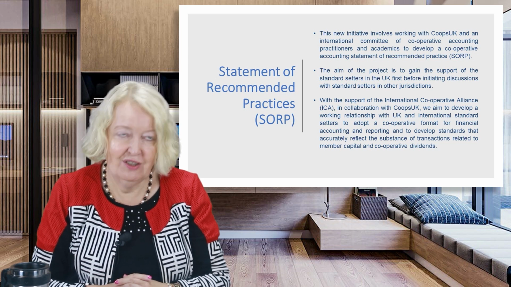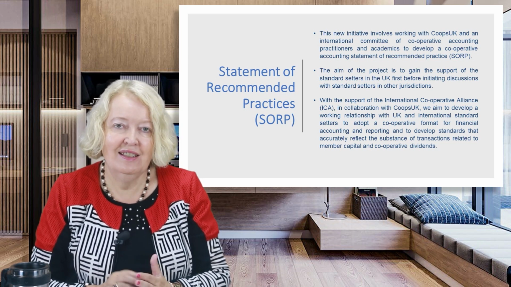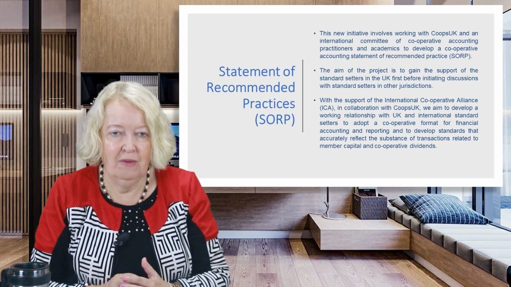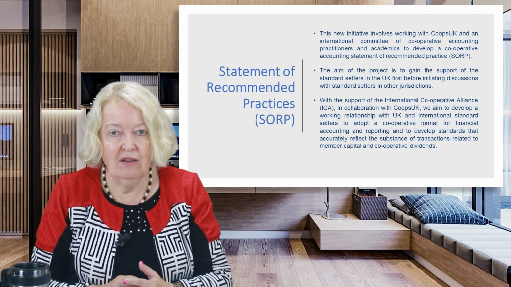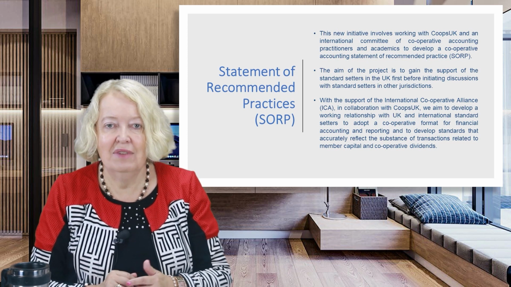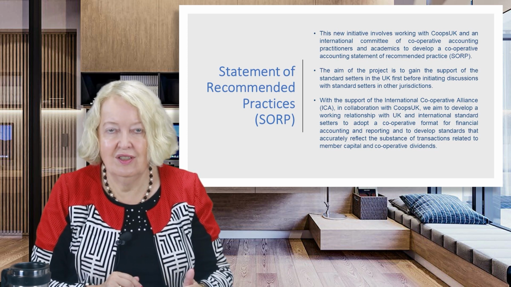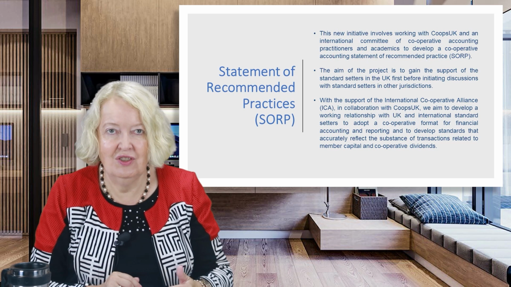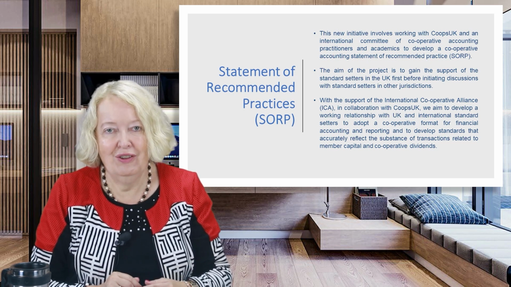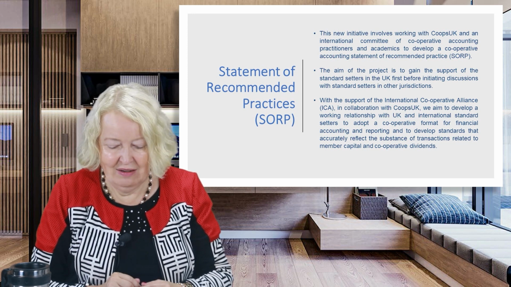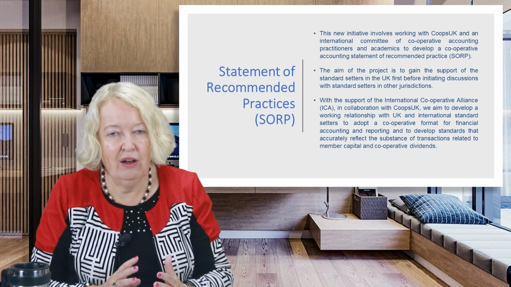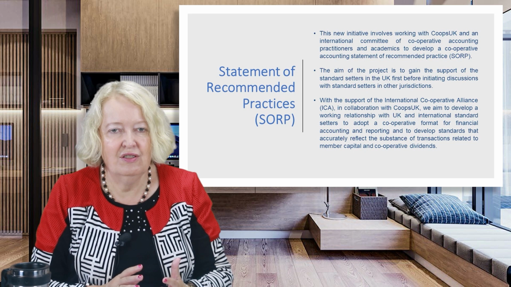So what we're trying to do here is, if we can get the standard setters in the UK to adopt cooperative-specific guidance, then it will be much easier to get Canada, the US, and other countries to jump on board. You just have to get, I think, one major country in the G7 to buy into this. And we started with the UK because they already have another set of standards for charities.